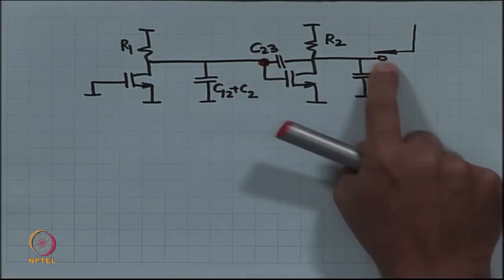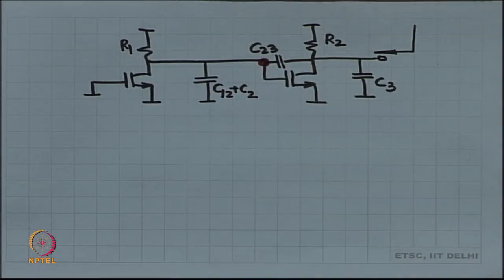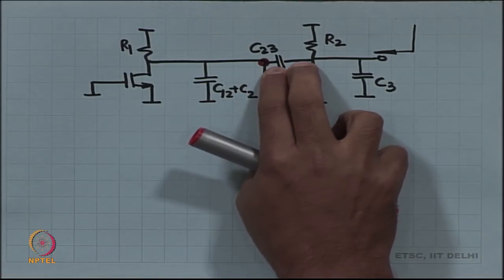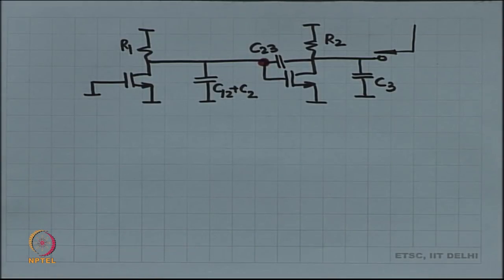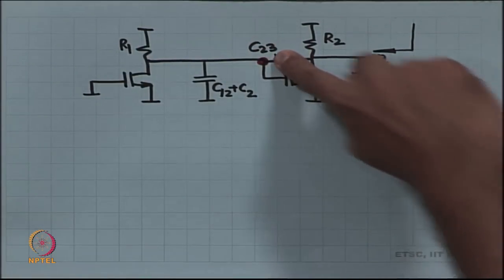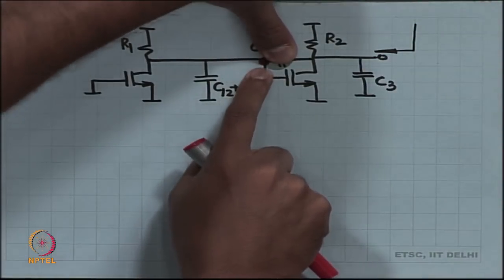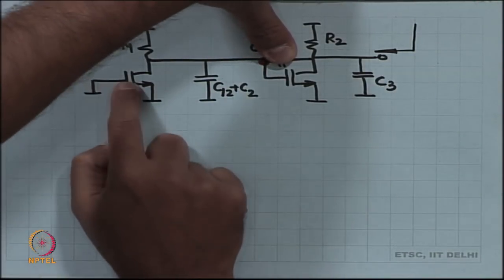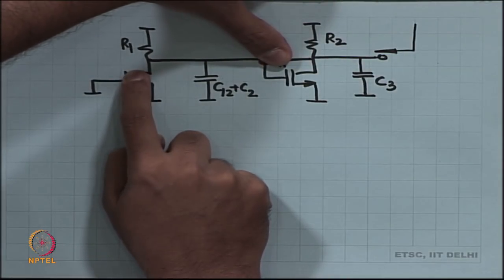This voltage is now related to the output through this capacitance C23. I am telling you, the C23 is going to cause havoc. If C23 had not been there in this picture, then this voltage would have been 0 volts, a clean 0, because the input is 0, that created GM1 times 0.